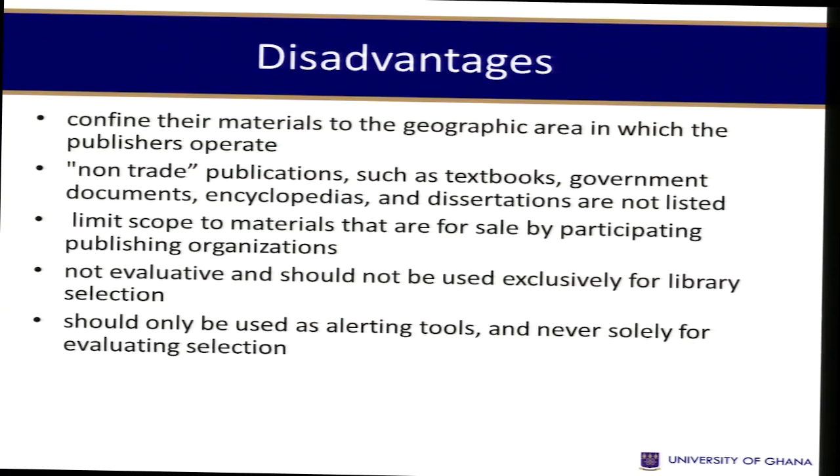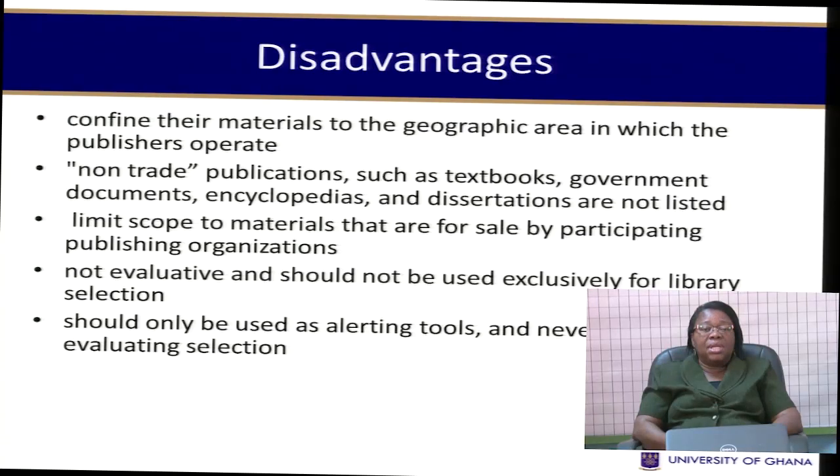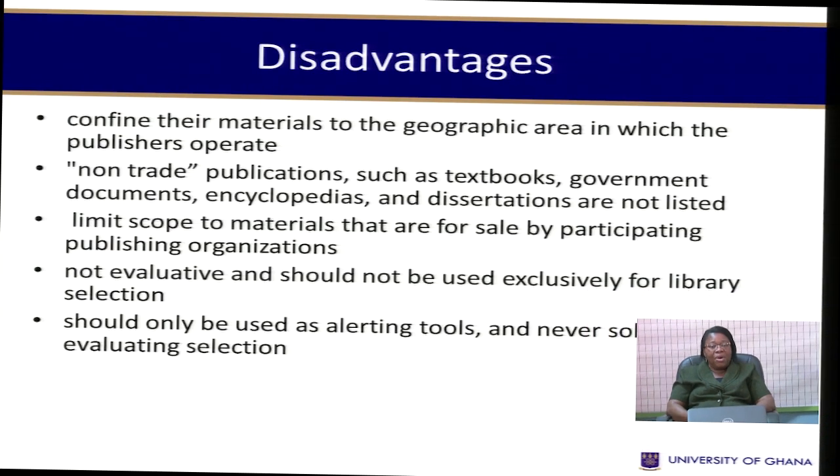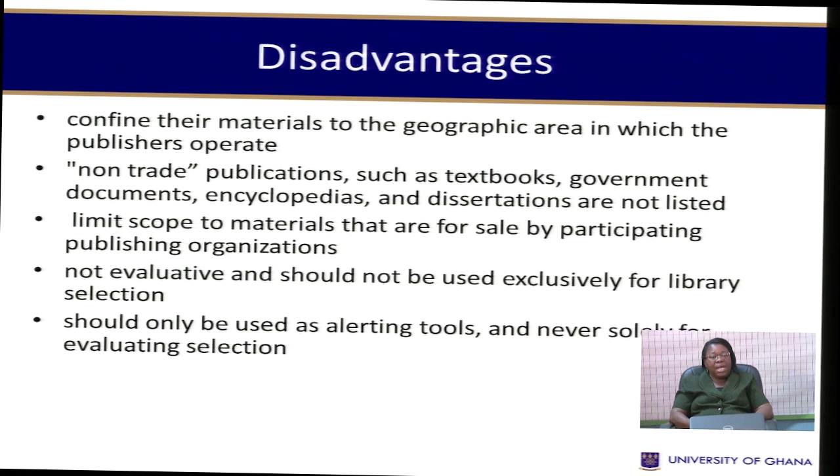Because they confine the materials to a particular geographical area, it means that you can only make your collection from those particular geographical areas. Meanwhile, when you're building your collection, you need materials from different areas. So that becomes a disadvantage in using only a trade bibliography to build your collection.